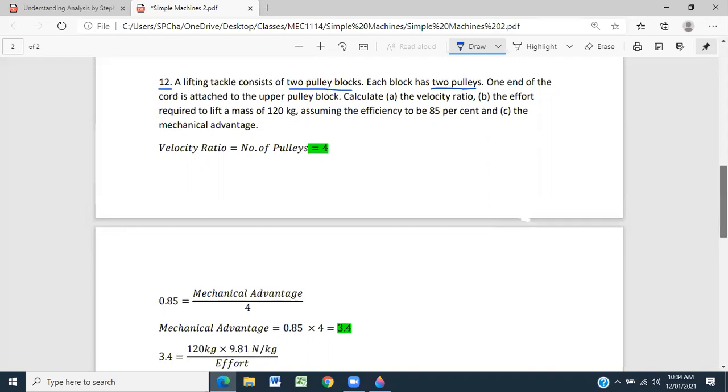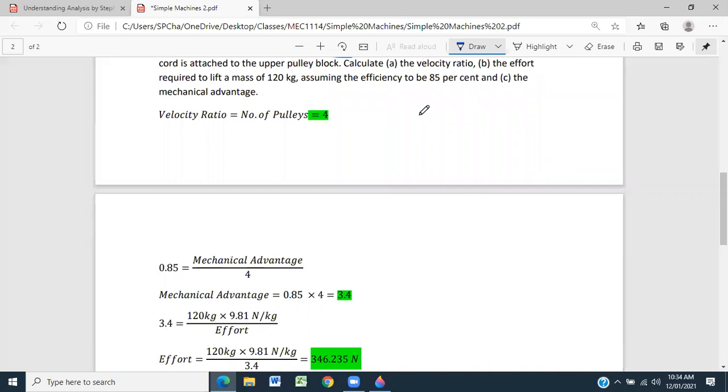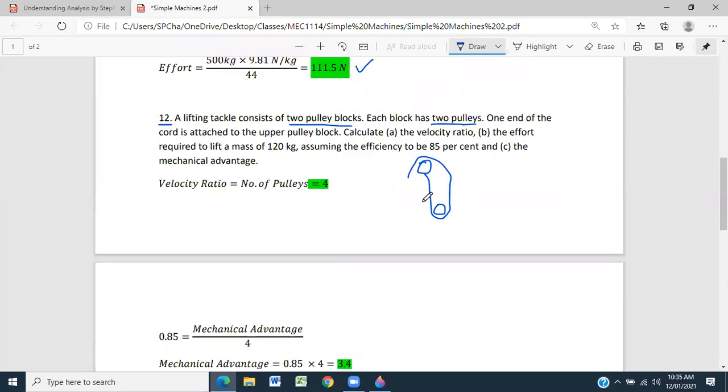So they're telling us how the system is set up, and they're saying that one pulley block is here, right? And another pulley block is here. And they're saying the rope comes like this, it goes like this, and it's attached back to this other one, right? And of course, there are 2 pulley blocks within the system, and it's connected up. So what they're hinting to us is that the velocity ratio is equal to the number of pulleys.